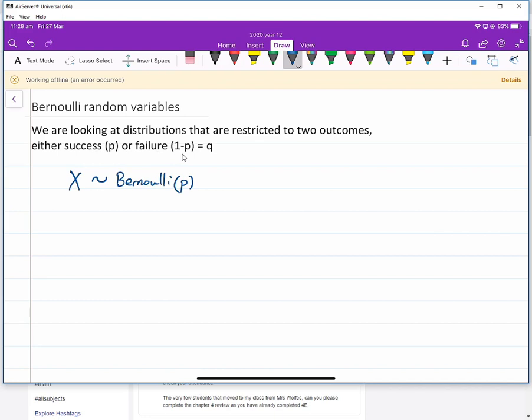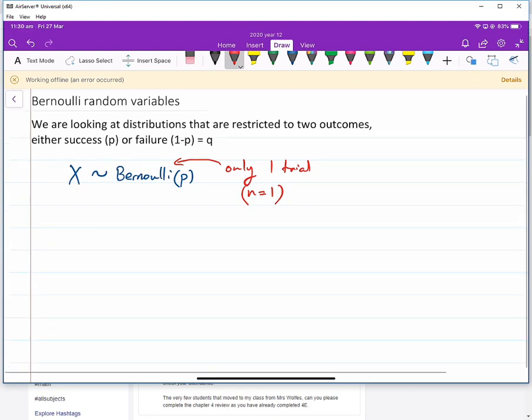And the other thing about a Bernoulli: as soon as we see Bernoulli, we want to recognize that there is only one trial. So you're only performing it once, and we would say that n is equal to 1. Just the technicalities of that, as opposed to a binomial distribution where you could have more than one trial.